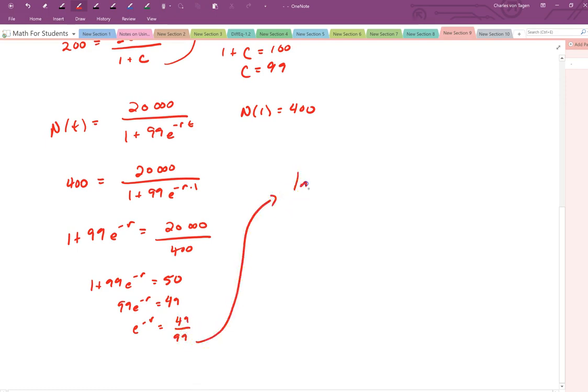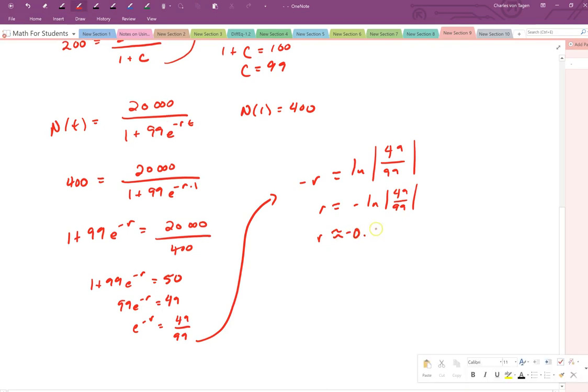We take the natural log of both sides, then we would end up with minus r is equal to the natural log of 49 over 99. R is equal to the opposite of that, which if you get a decimal approximation, I got approximately 0.703299.